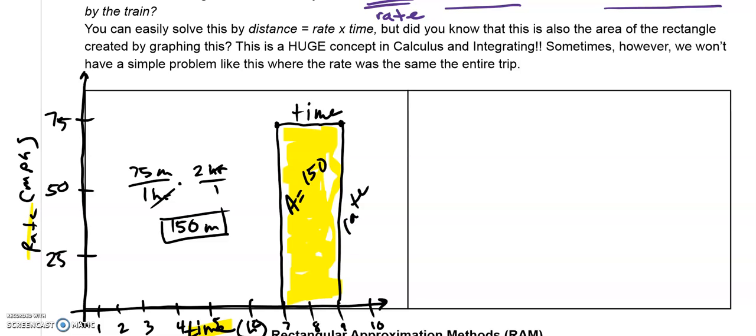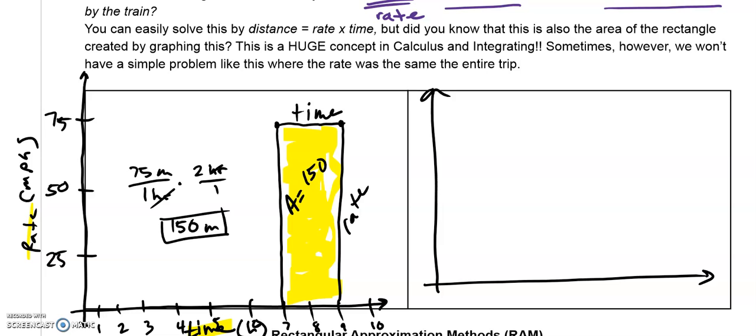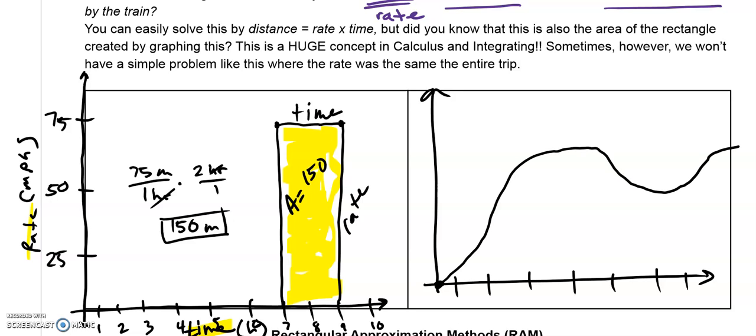Now here, an algebra student could solve that, but what about a problem like this? What if you wanted to track that train throughout time? Obviously, that train is going to start at 0 miles an hour, and then it's going to increase speed, and then it's going to level off. Maybe it slows down, then it increases speed and levels back off.